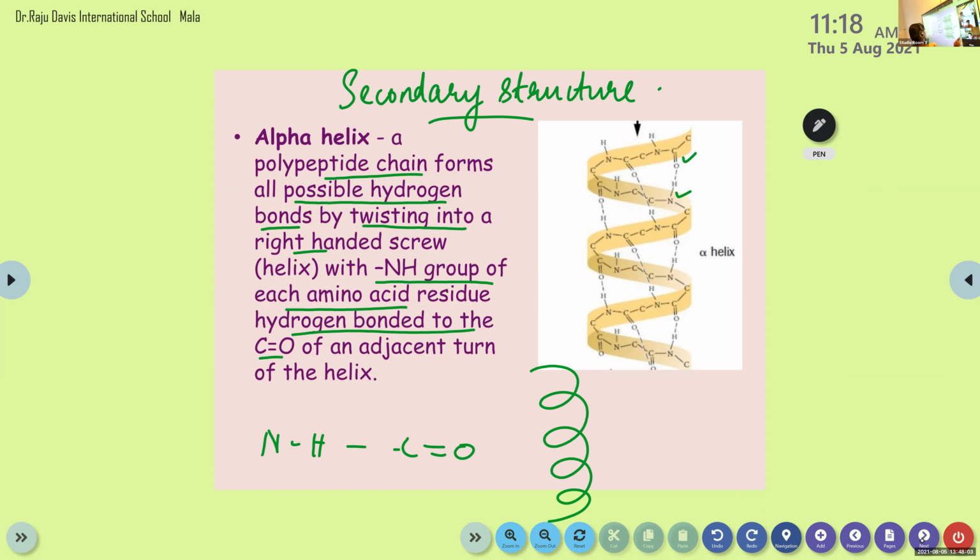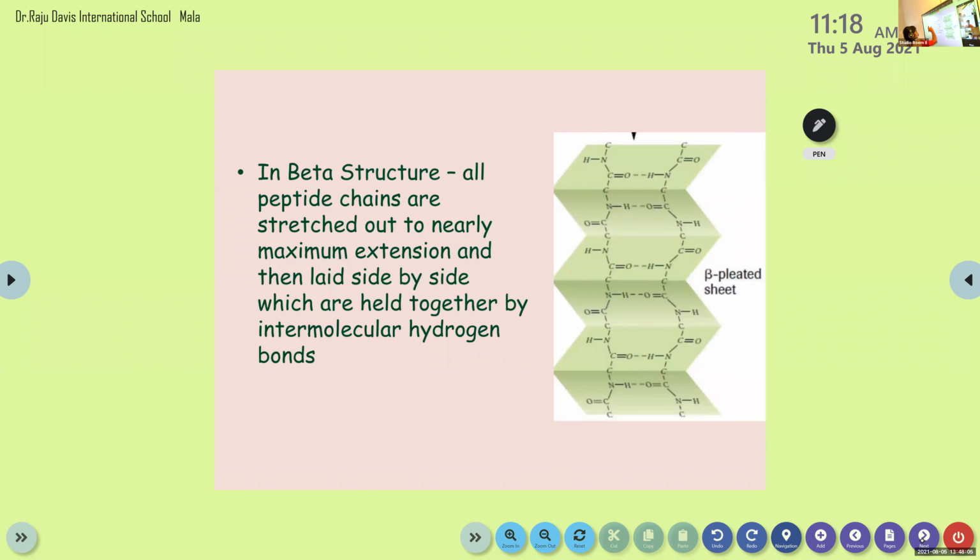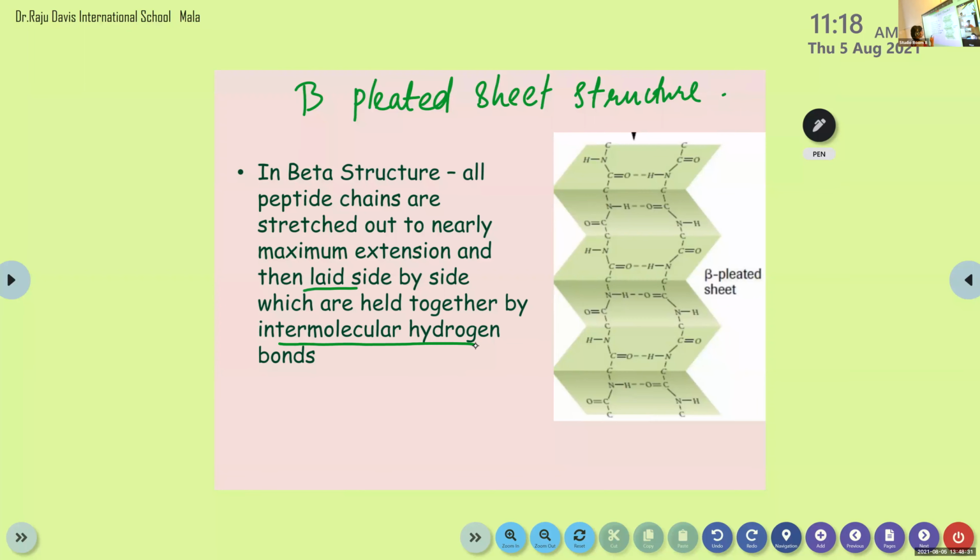Okay, then the next one is beta pleated sheet structure. It also comes under the secondary structure of protein. In beta structure, all peptide chains are stretched out to nearly maximum extension. They are stretched to their maximum and then laid side by side, which are held together by intermolecular hydrogen bonds.